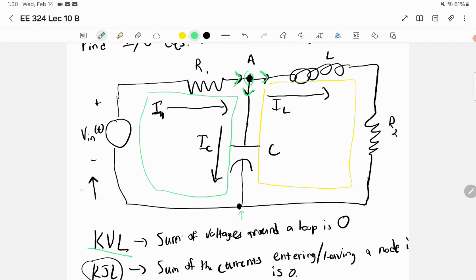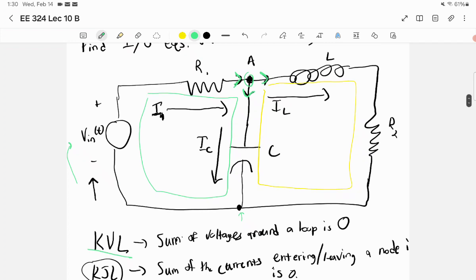And then obviously I have this voltage source here, all connected in this loop. Recall that your author likes to use any current going out of a node as being positive, any current going into a node as being negative.